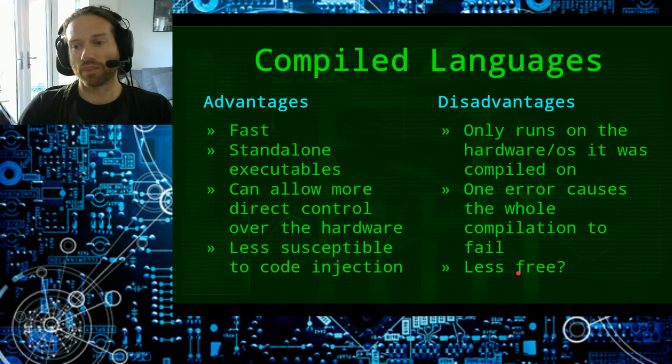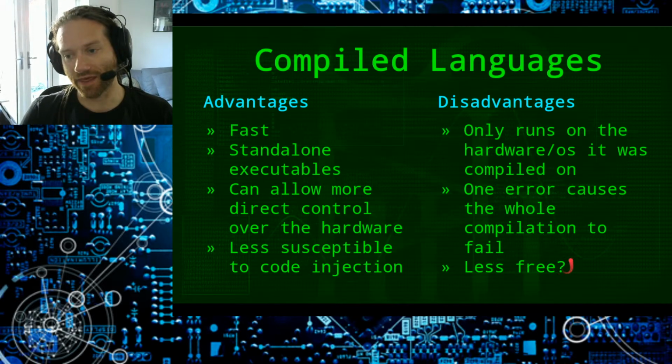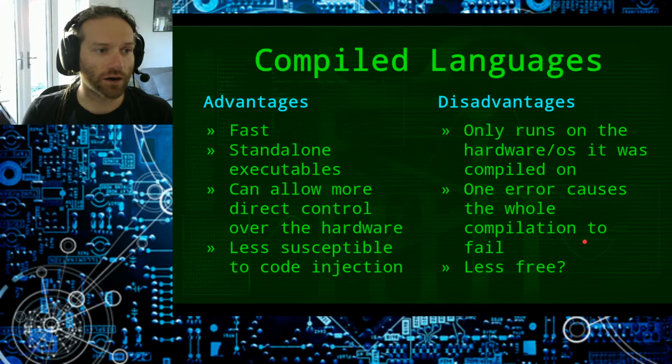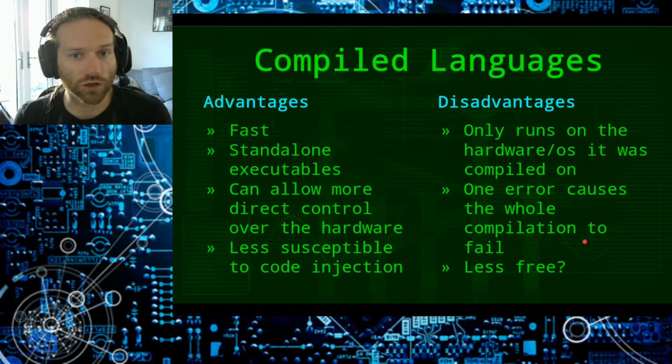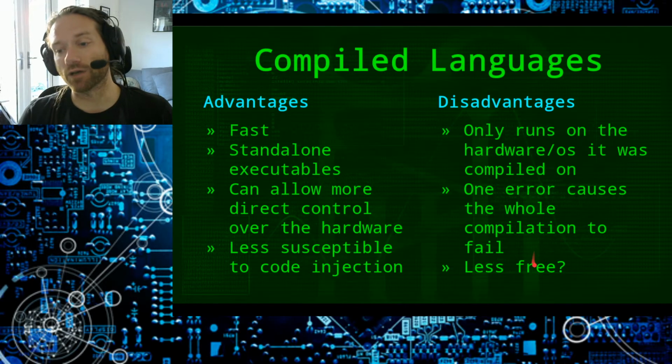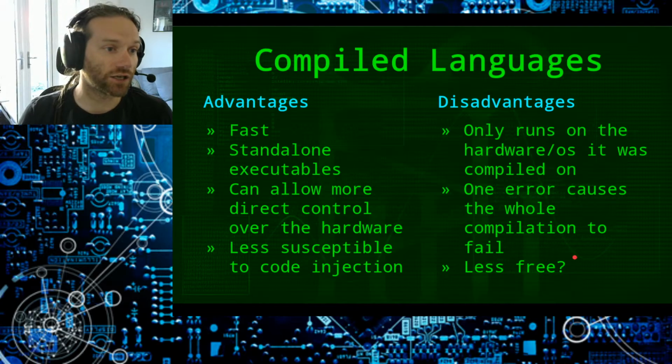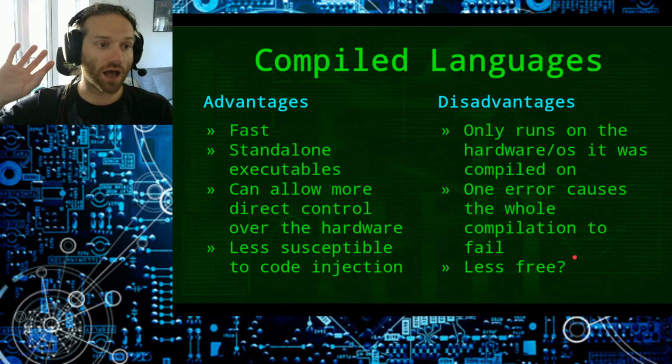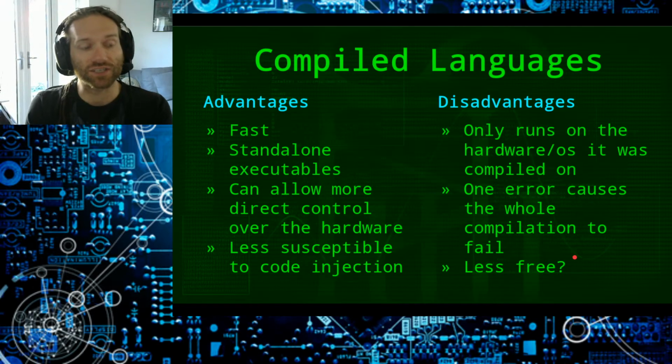The reason I put a question mark on the end there is that writing in a compiled language doesn't inherently make your code less free. But usually, compiled languages are used to produce standalone executables, which means that you can't see the source code.